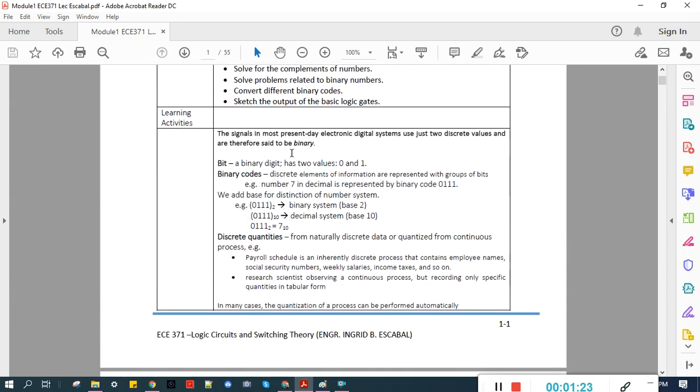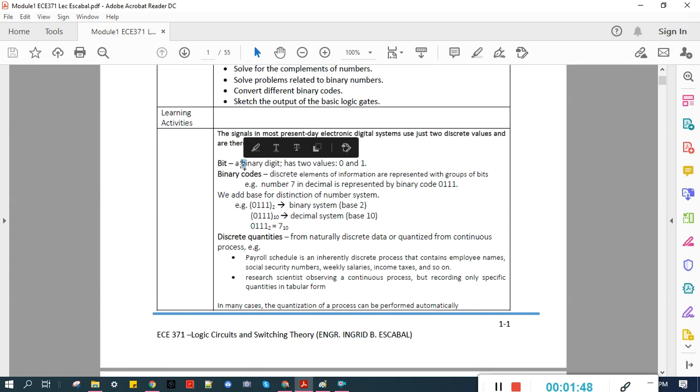So the signals in most present-day electronic digital systems use just two discrete values and are therefore said to be binary. A bit is a shortened term for a binary digit.